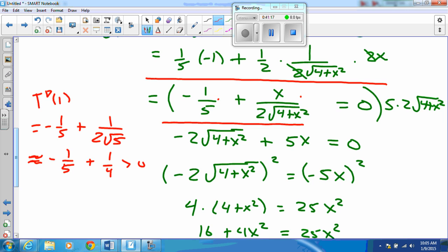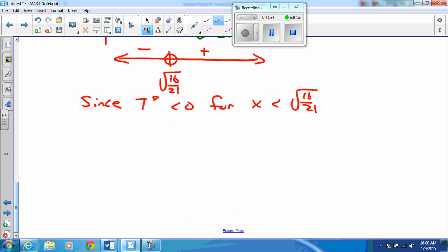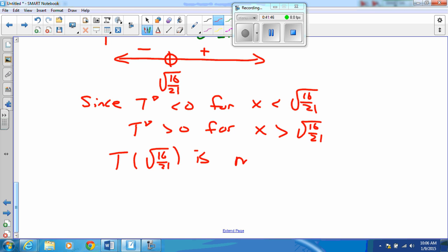So this is about negative 1/5 plus about 1/4, which is greater than 0. So I get a positive value right here. And therefore, I can argue that since t prime is less than 0 for x less than root 16 over 21, and it is greater than 0 for x greater than root 16 over 21, therefore, t of root 16 over 21 is the minimum time.